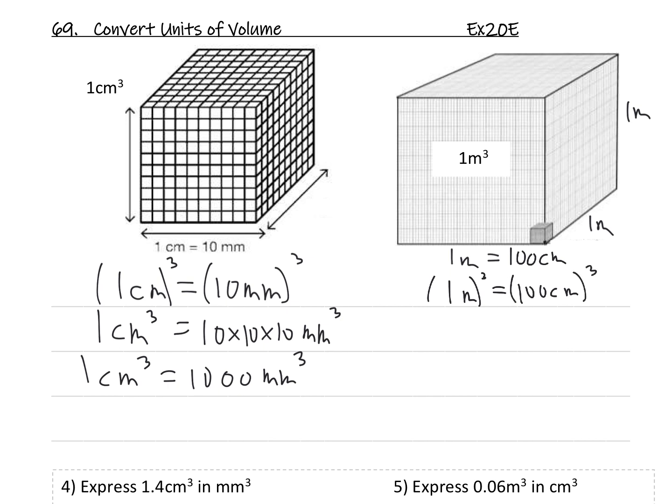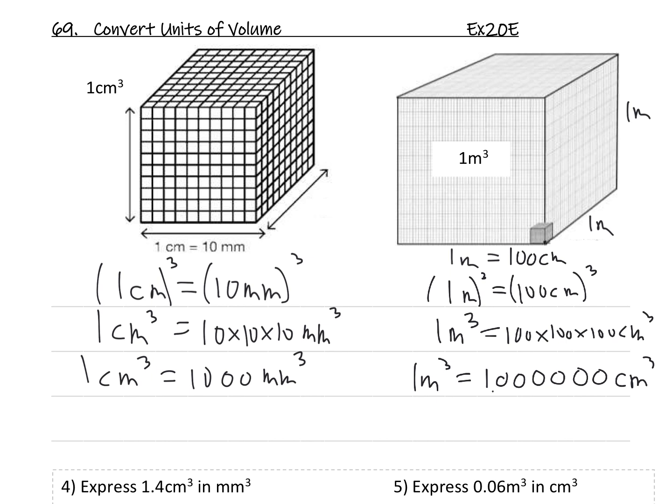So we write down what we know, which is that 1 meter is 100 centimeters. Then we cube it. 1 cubed is 1 meters cubed. 100 cubed is 100 times 100 times 100, and then centimeters cubed. So 1 meter cubed is 1, 2, 3, 4, 5, 6 zeros. Or in other words, it's a million. 1 meter cubed is 1,000,000 centimeters cubed.